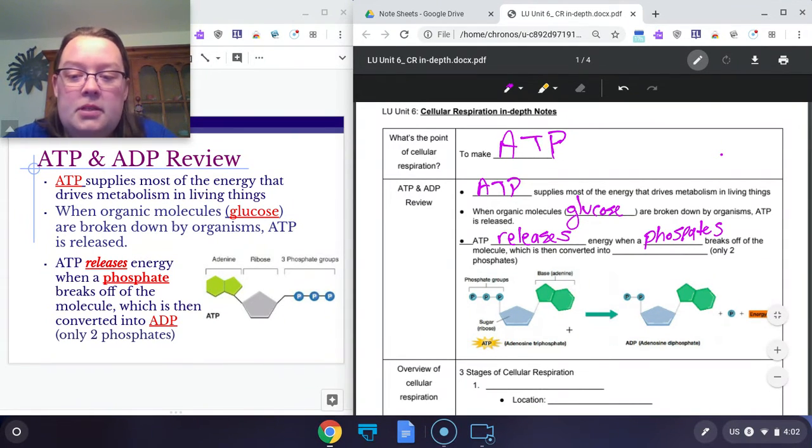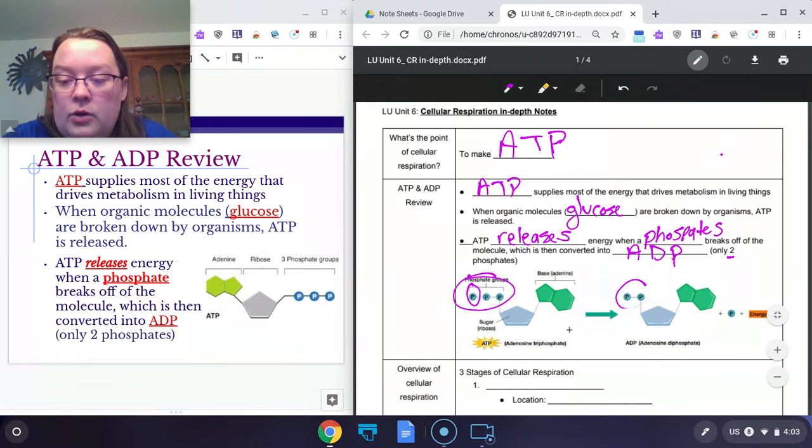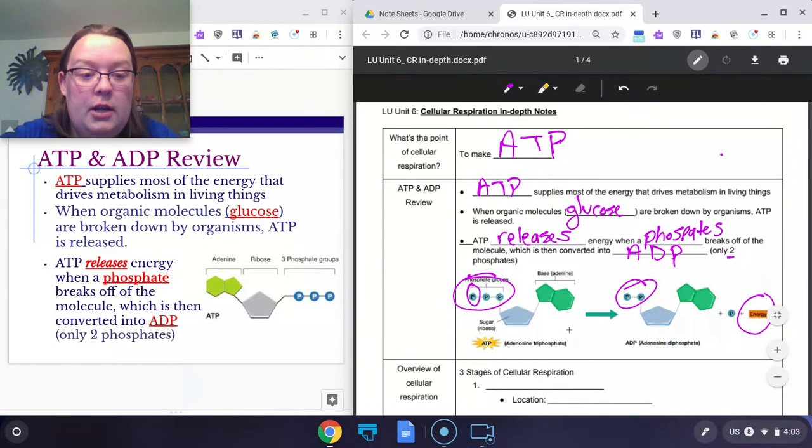And when that happens, the ATP is converted into ADP, which only has two phosphates. So ATP triphosphate means three phosphates. And there's three phosphates here in ATP. We break one off, and now we only have two. And breaking that bond releases energy.